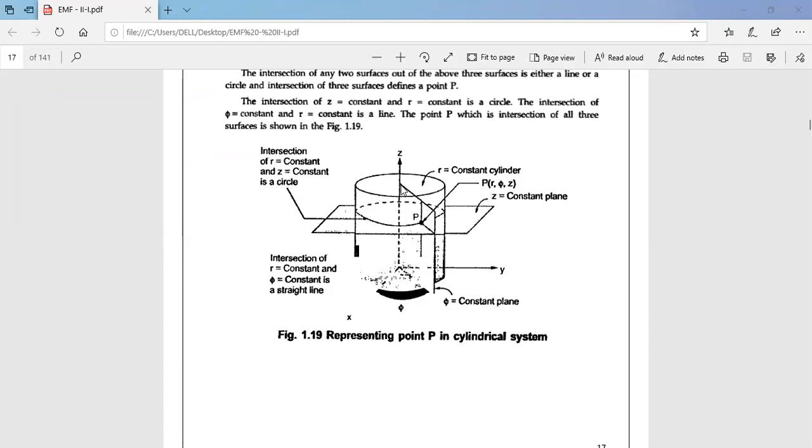Volume is the integral 0 to r dr, the integral 0 to 2 pi d phi, the integral 0 to z dz. All right. Work out that integral and tell me what you get.